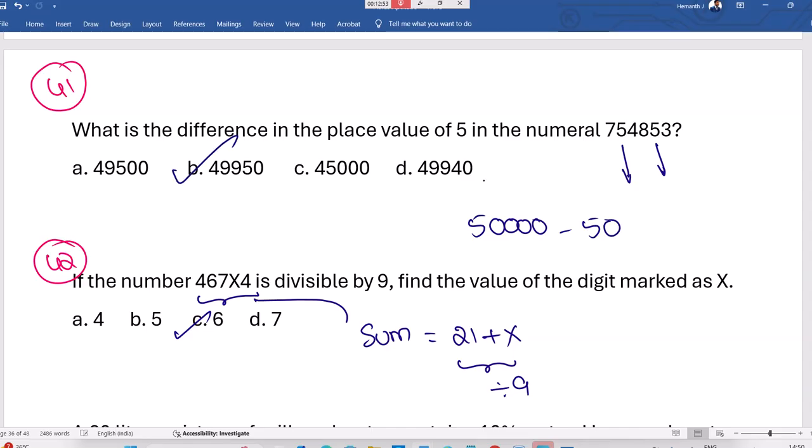The difference is option B. 5 is in the 10,000's place, so 5 into 10,000 is 50,000. In the other one, 5 is in the 10's place, so it's 50. This is the difference between the place values. So they can ask only for 5, because 5 is in two different places. They're asking the difference between the place values of 5.